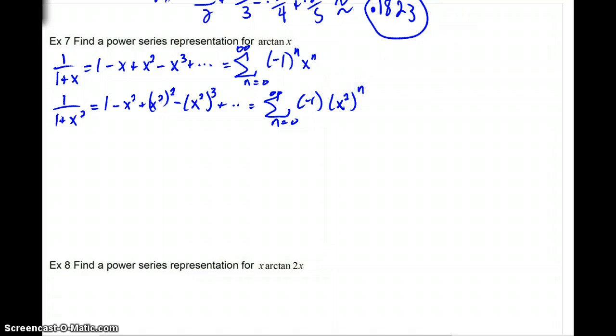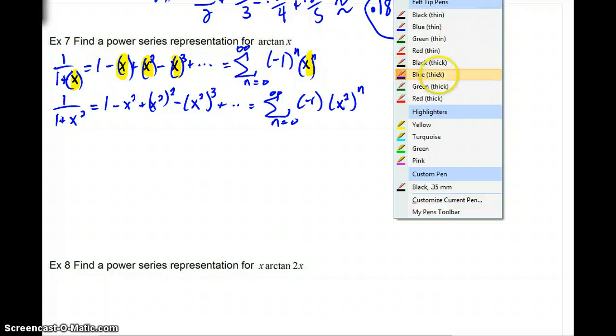And again, just really making this clear, I hope. Everywhere where I see an x, I could even envision that there are little parentheses around there. So whatever I am substituting in place for x, I have to plug into those parentheses.